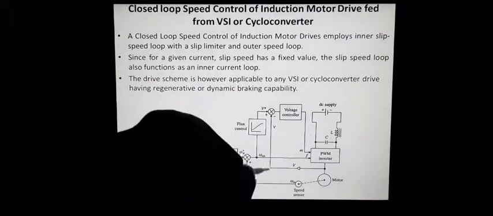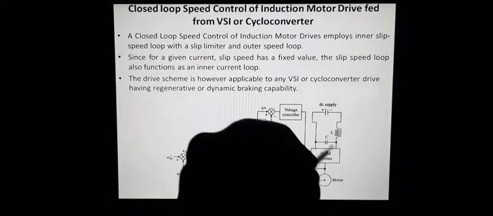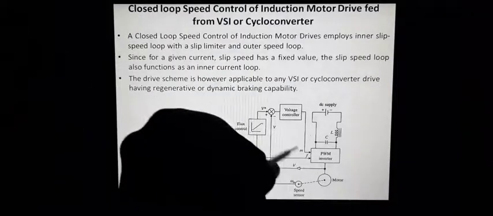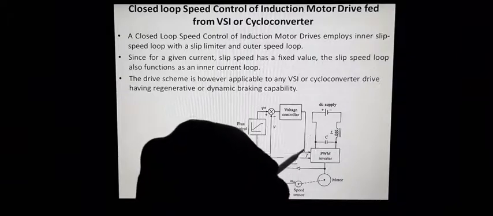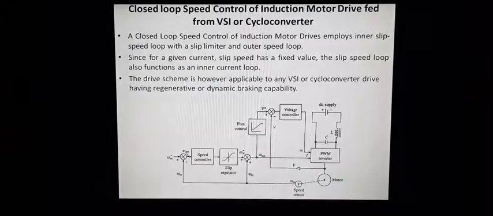Correspondingly, those particular values will be provided as inputs to the inverter, that is, what are the changes occurring in the value of F, and what is the change occurring in the value of M corresponding to the value of V. So accordingly, the PWM inverter will be conducting the switching pattern so as to obtain a constant V by F value in order to get the desired speed.